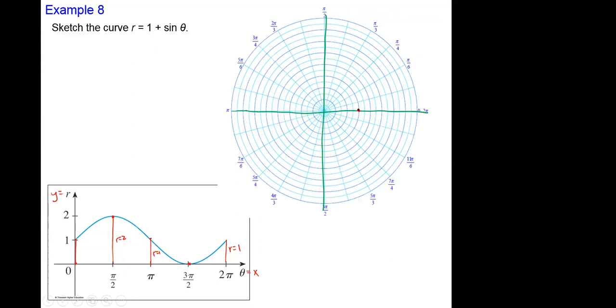I can say 1 is here. Now I'm moving from 0 to pi over 2, which means the first quadrant. From 0 to pi over 2, I have to increase the radii up to 2. I will make them longer and longer and longer, and 2.